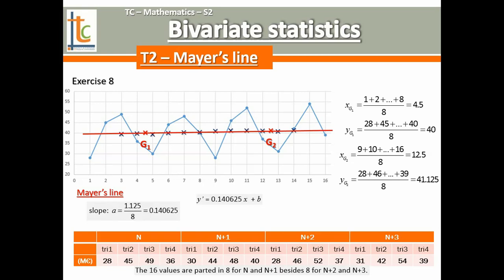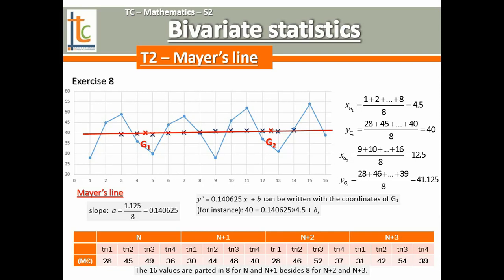So, which kind of values of x and y can we choose to calculate b? Well, this expression is true whatever your position on the line. So you can take any point on the line and you know 2 points. So let's choose G1 for example, and let's take its coordinates 4.5 and 40.